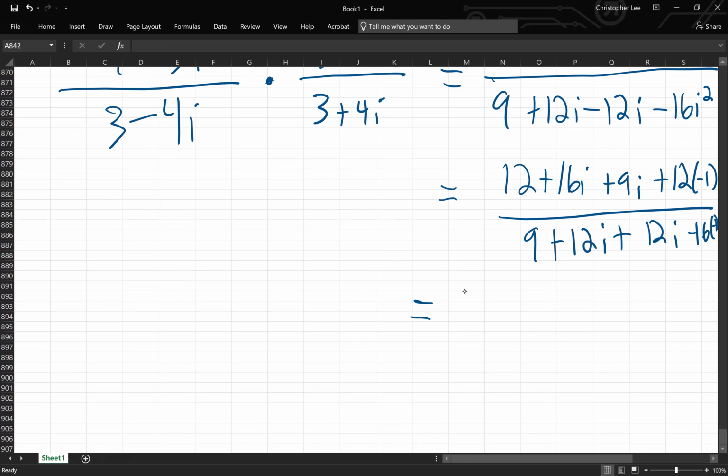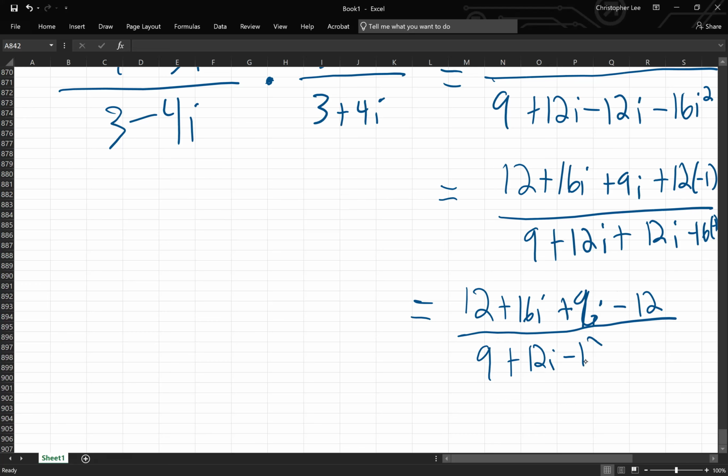Let's multiply: 12 plus 16i plus 9i minus 12 over 9 plus 12i minus 12i. What's that last one? Negative 16i squared, so plus 16.